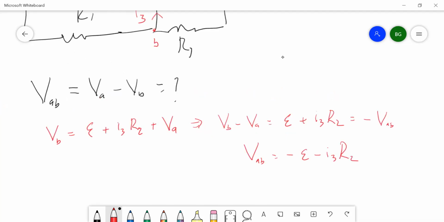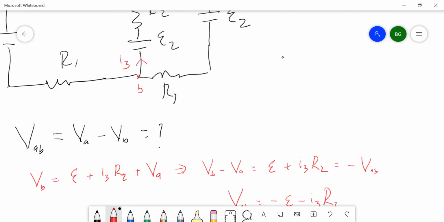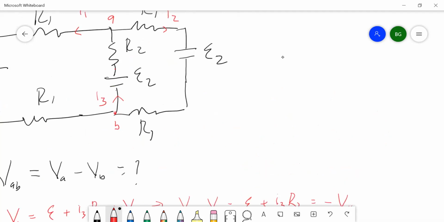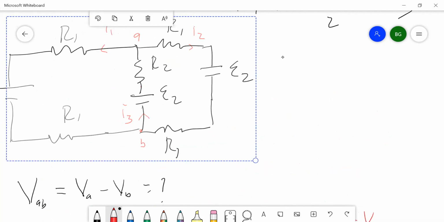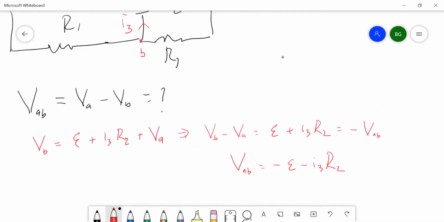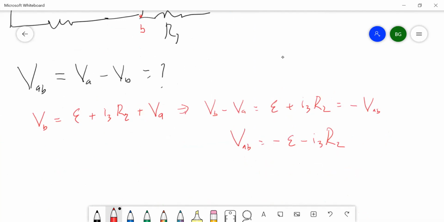Sorry, I forgot something. If we take this one, there is a minus here, and then there is a minus here, so this is plus here.